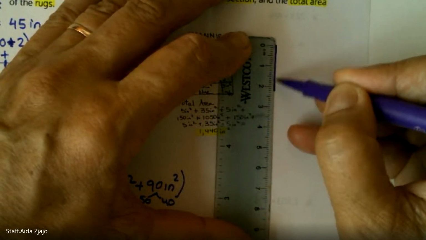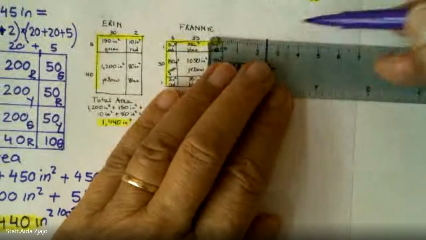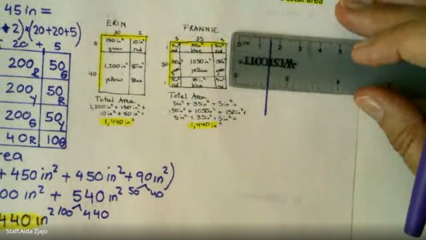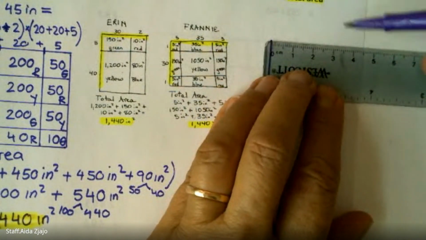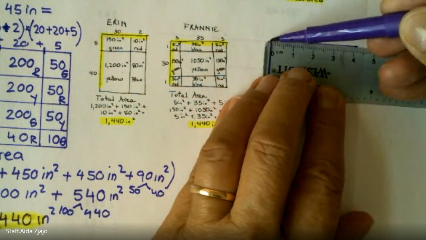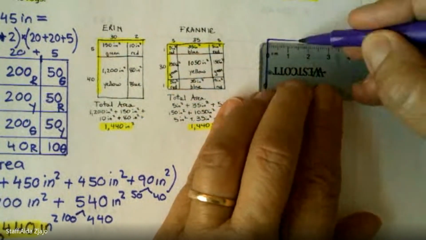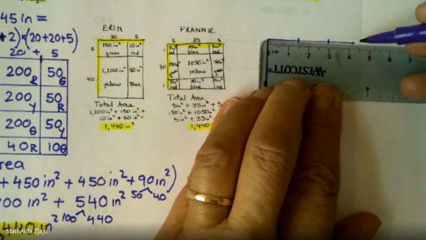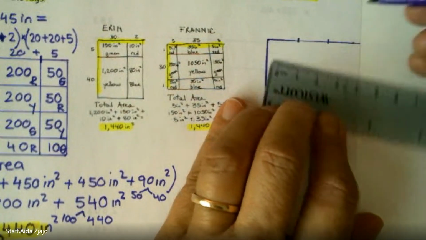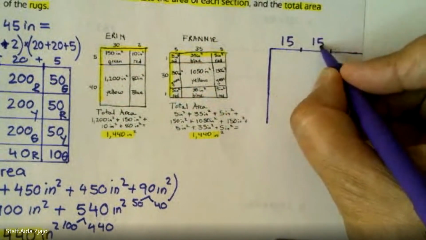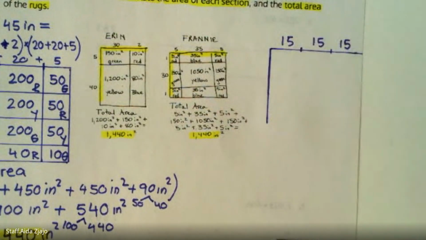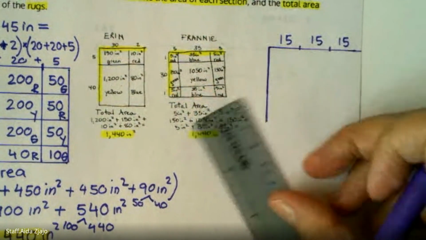All right, so let's see. If I'm using 15, I have 45. So I could do 3 15s makes 45. So let's do 1, 2, and 3. So 15 plus 15 plus 15 makes 45.